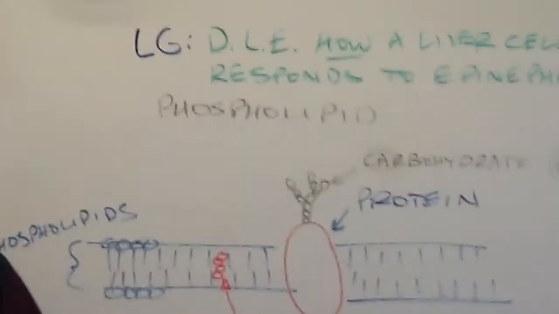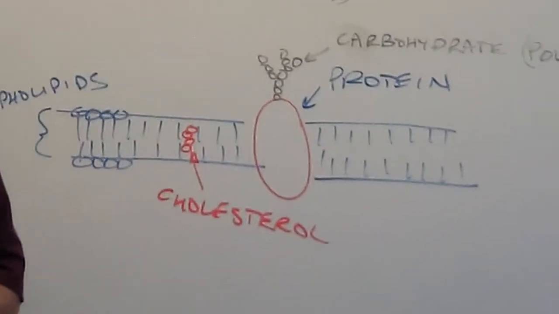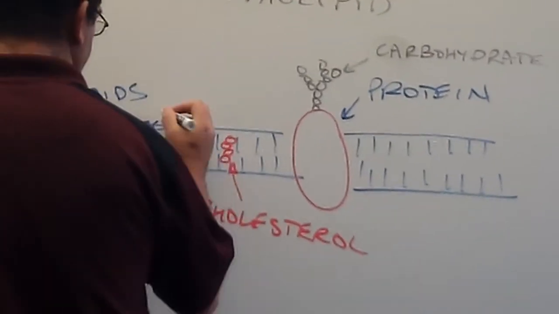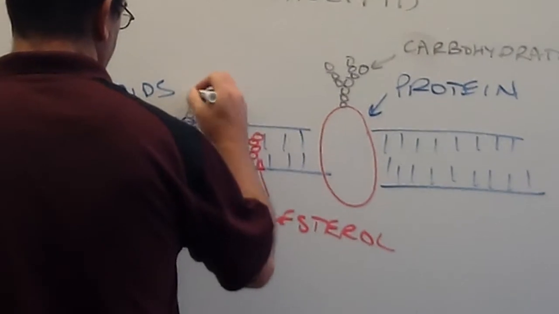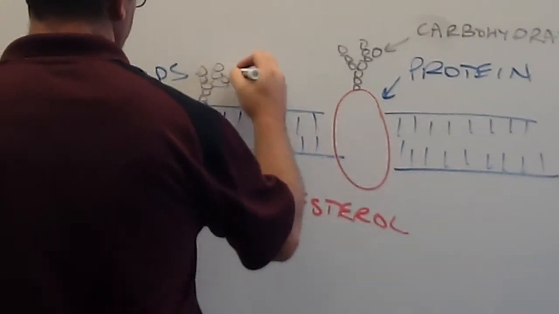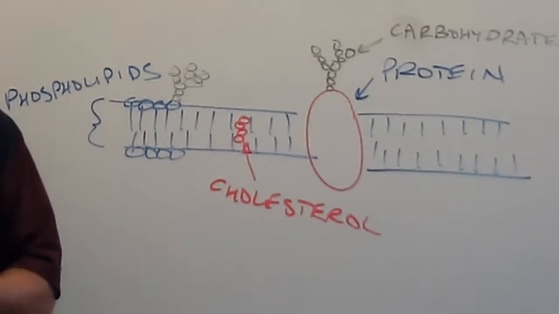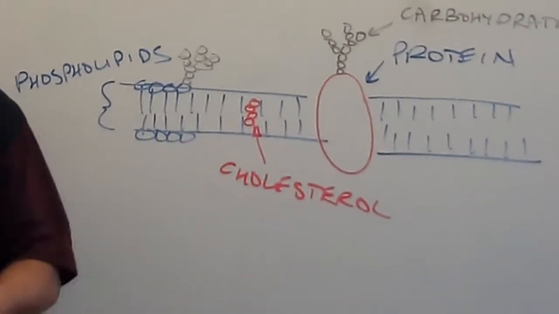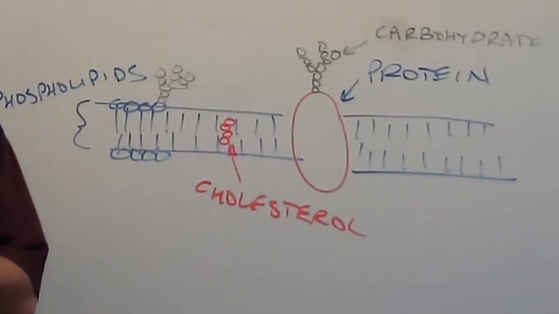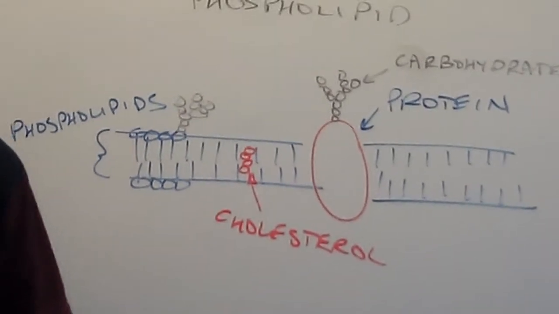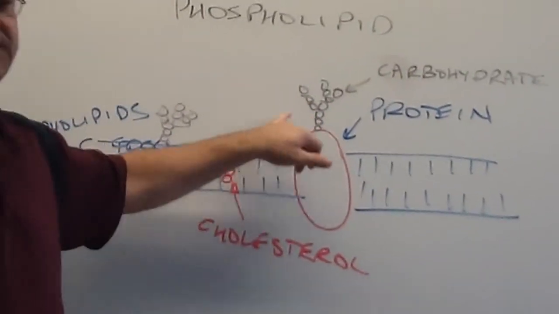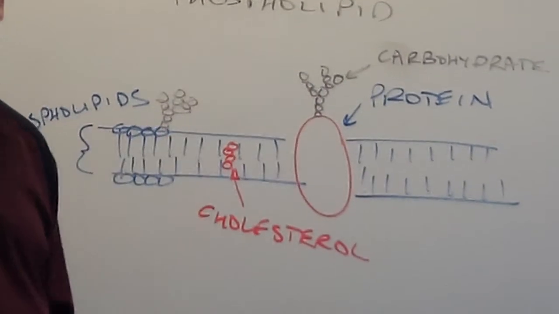These carbohydrates are attached either to proteins or they can even be attached directly to phospholipids. They exist as polymers, meaning they're chains of, what do we call the individual carbohydrates? Monosaccharides, yes. These are chains of monosaccharides, so you could call it a polysaccharide.